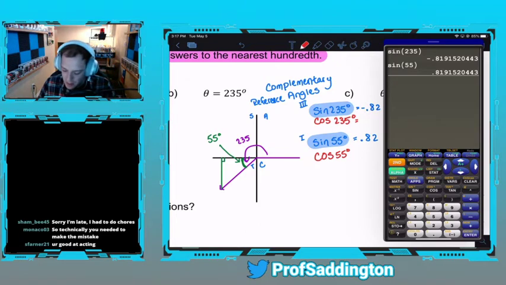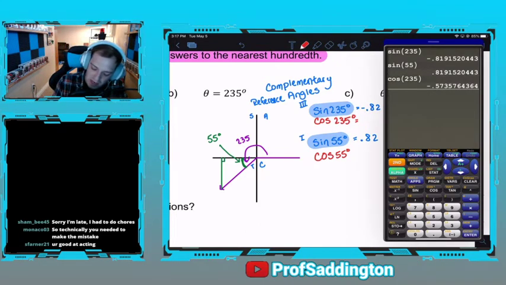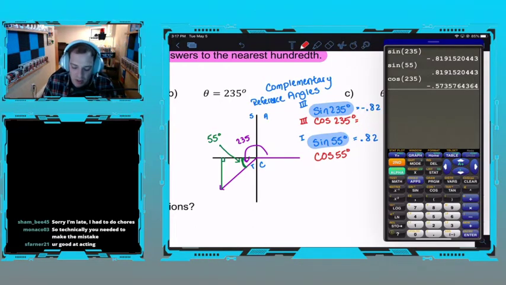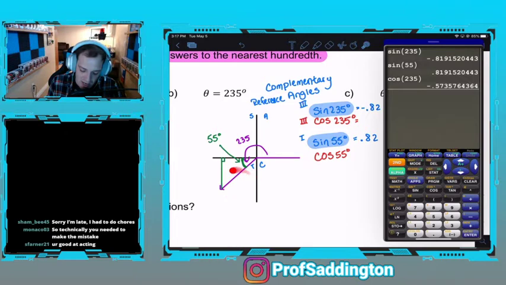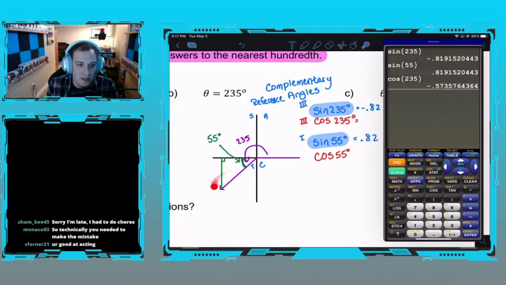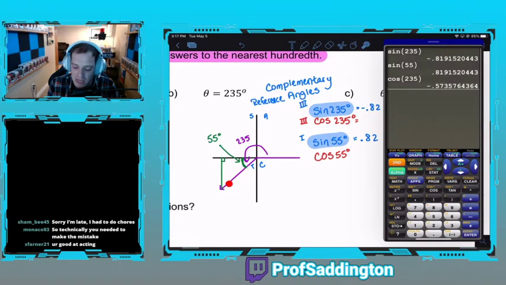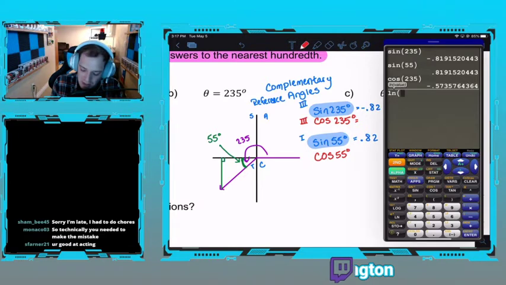Same thing's going to happen with these ones. So if I type in the cosine of 235, well, 235 is normally in the third quadrant, like we wrote. And if I'm looking at my graph, cosine down here in the third means it's going to be negative. And that's what's popping up on my calculator. It says negative 0.57.